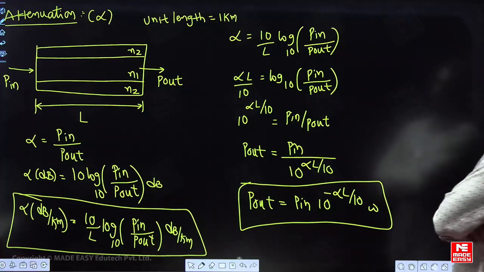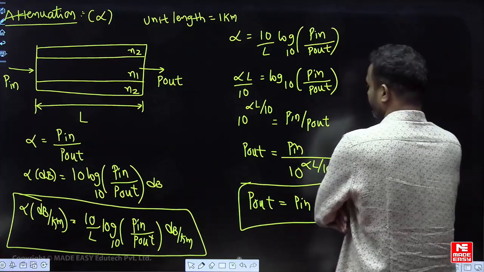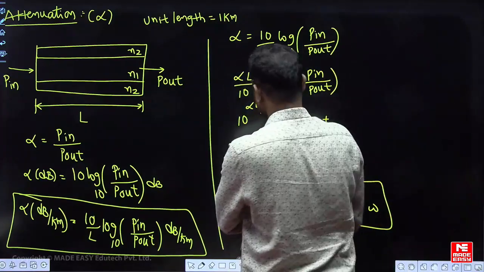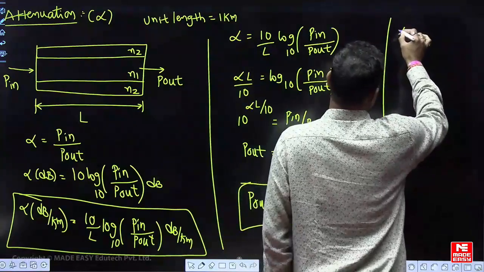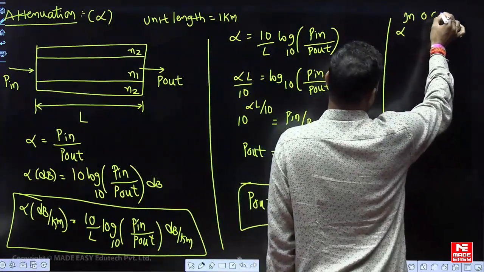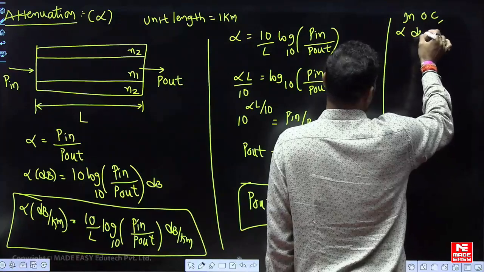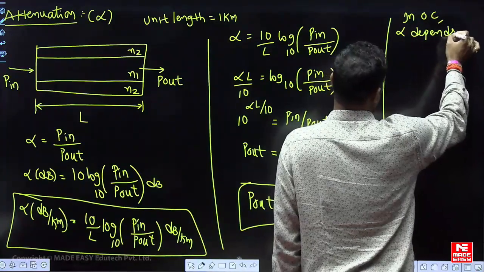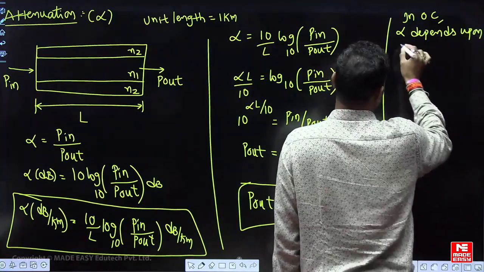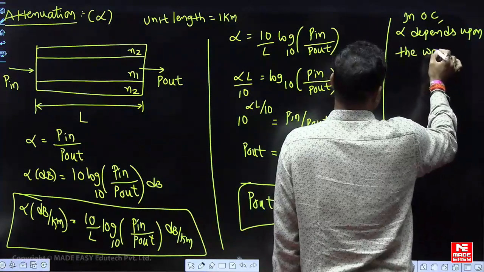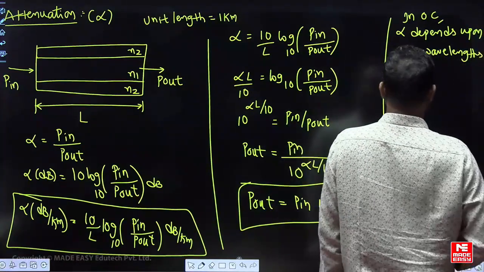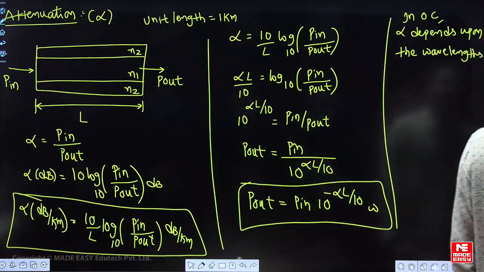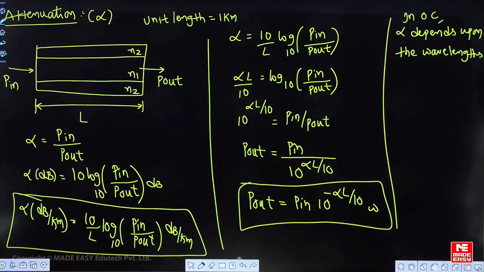The next point I want to tell you is that these are the formulas for calculating attenuation and output power. In an optical communication system, alpha depends upon the wavelength. At particular wavelengths the attenuation is very small, and we will study those in the classroom.